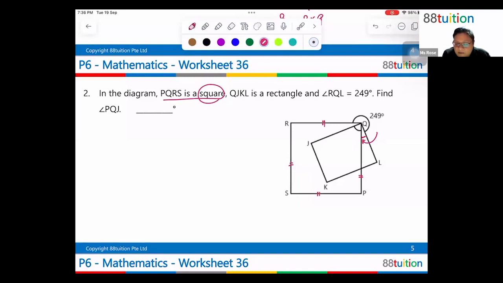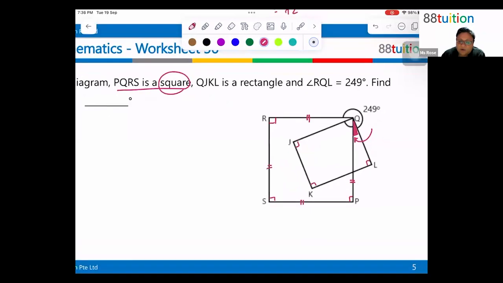Okay, now, we know that PQRS is a square and QJKL is a rectangle, but the corners are all right angles, right? The corners are all right angles. Which means that I'll be able to find this angle here that I'm going to shade so that you can see, because it's too small.